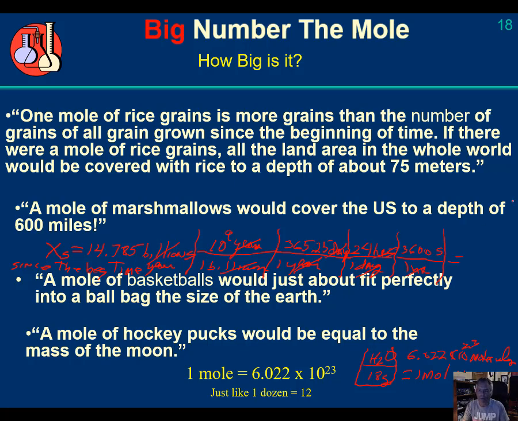To 2 decimal places is 4.67 times 10 to the 17th seconds. So that's 4 point, let me be a little bit neater about it. Well, not much neater. 10 to the 17th seconds since time began.